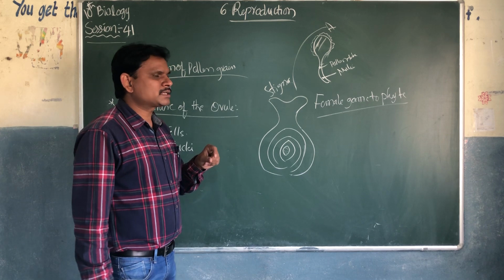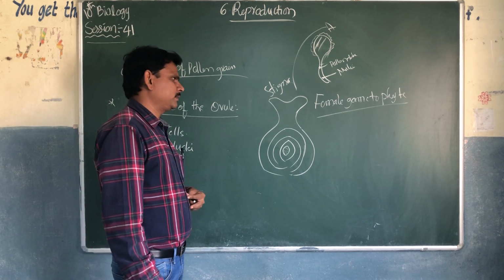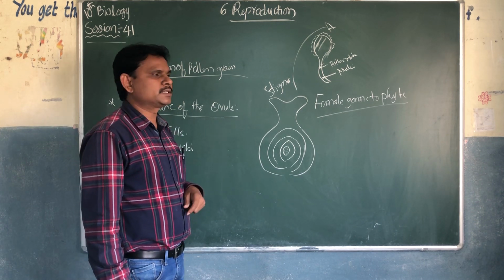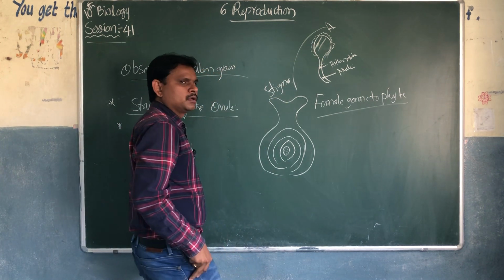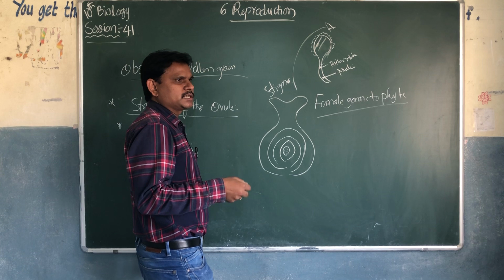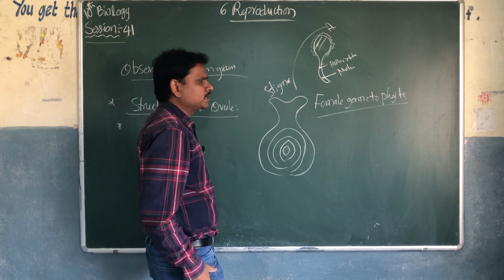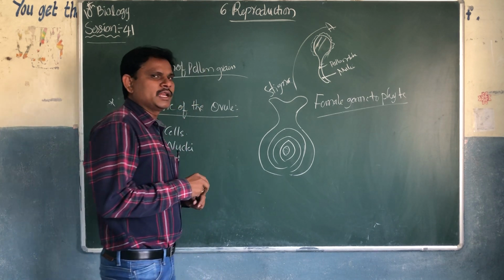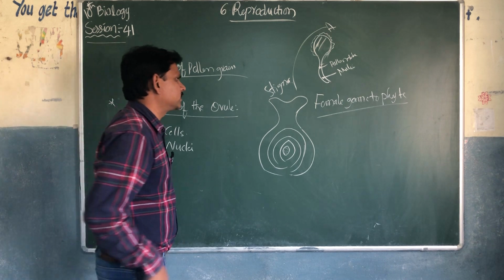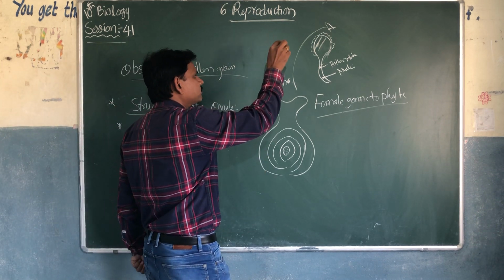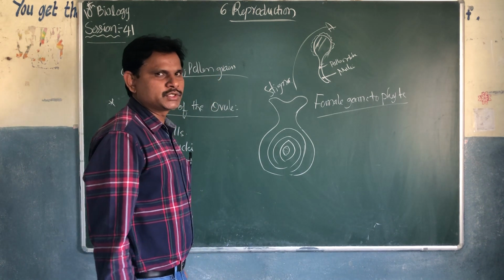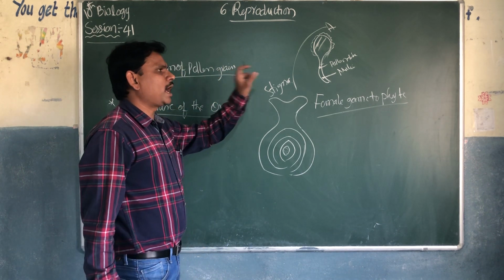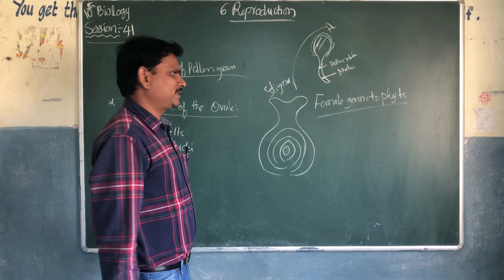The stigma starts releasing sticky, sugary substances when pollen grains attach to it. When the stigma releases these sugary substances, the pollen grains convert into pollen tubes, which have 2 nuclei.